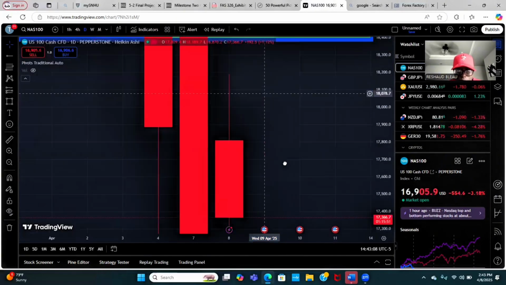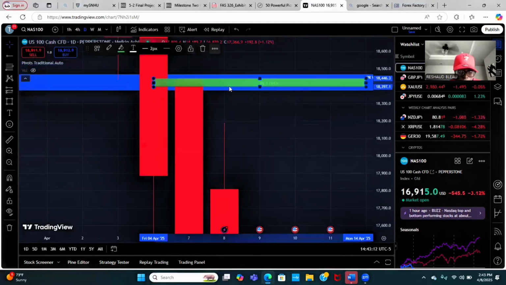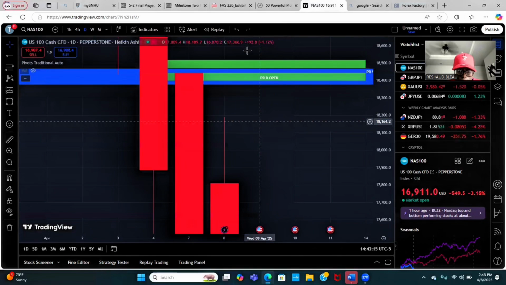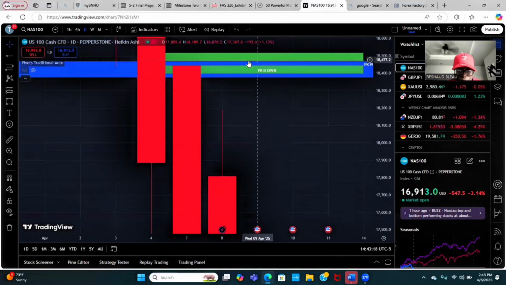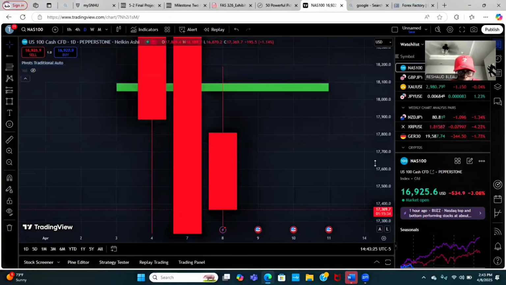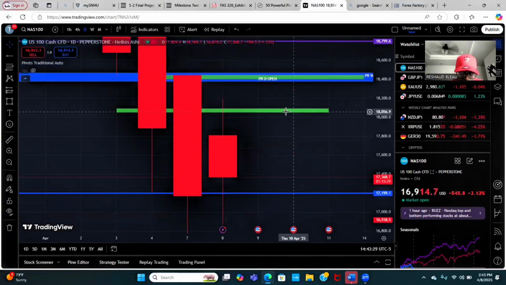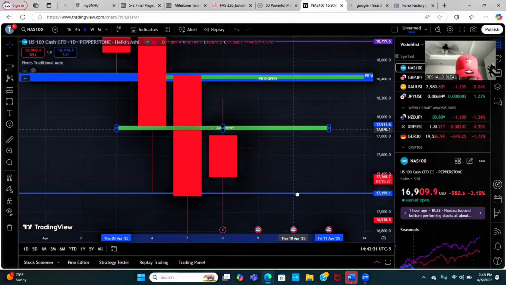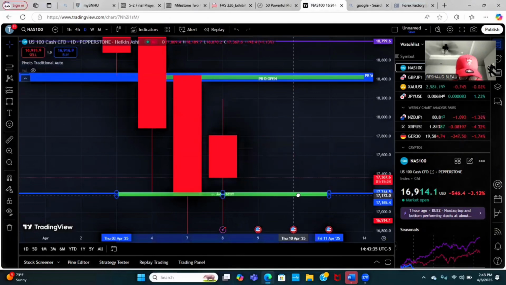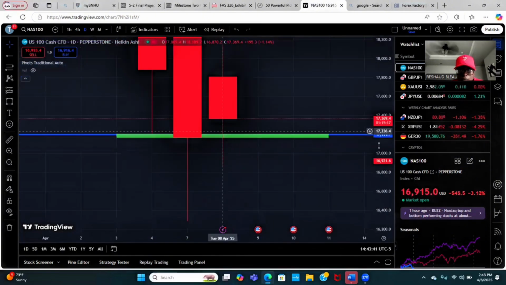And then we're going to duplicate this and bring it to the close. So this is going to be the close point. Excuse me, allergies are killing me. So I'm going to drag this down to our previous daily close, which is there. Boom.